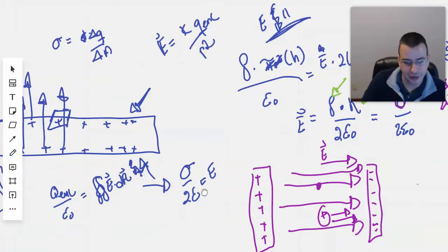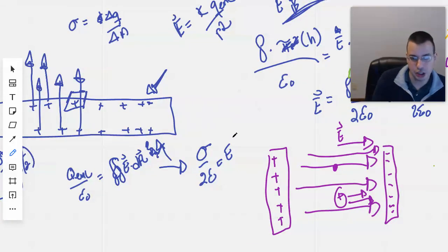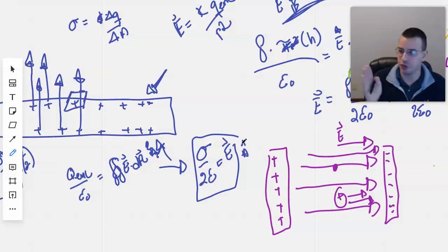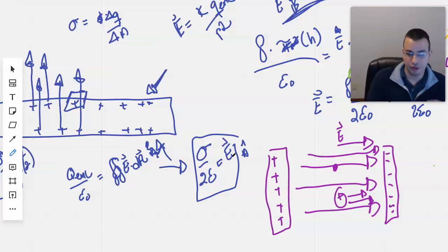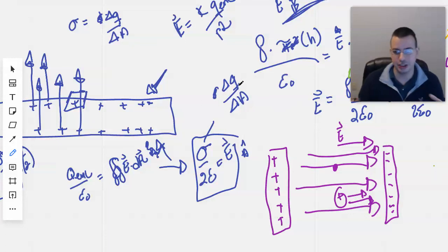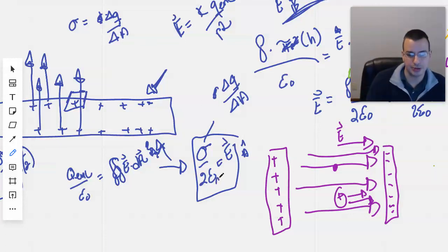And then for a single plane of charge, for the magnitude, we're going to get sigma, which is a small amount of charge dq per small area dA, the surface charge density, over 2 epsilon naught.